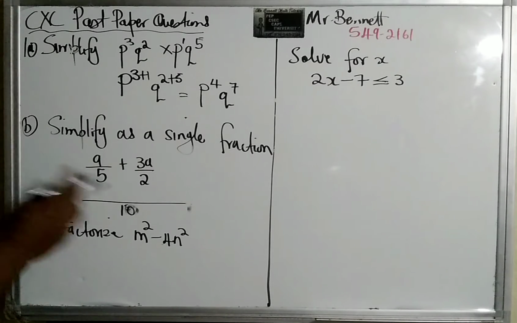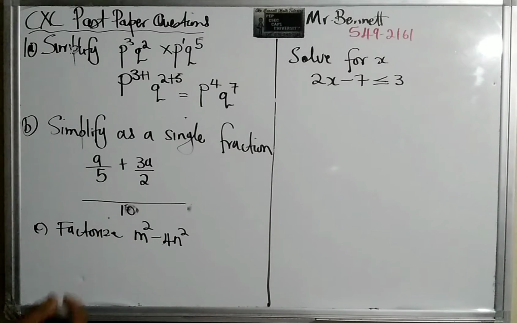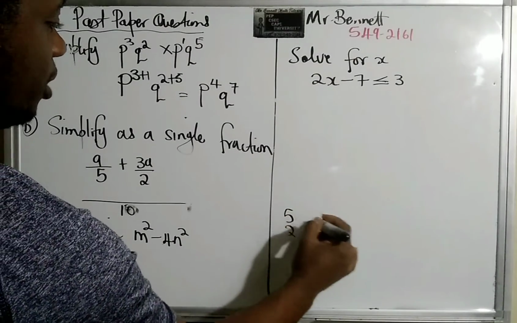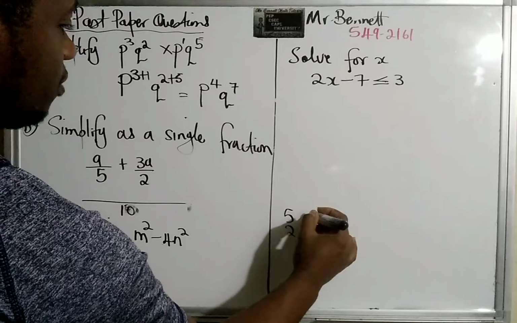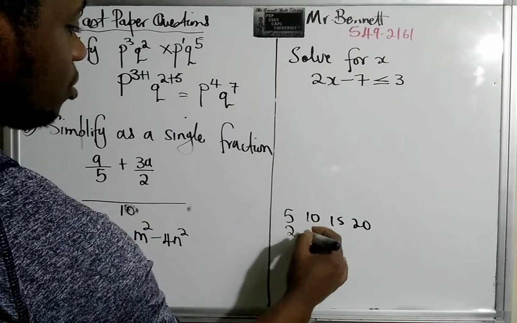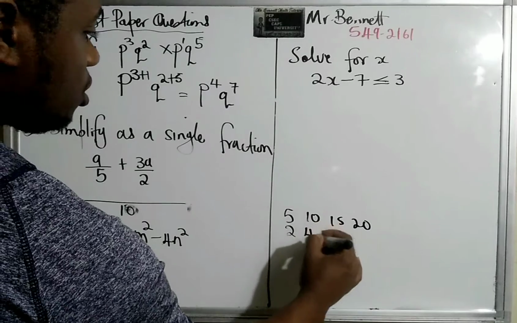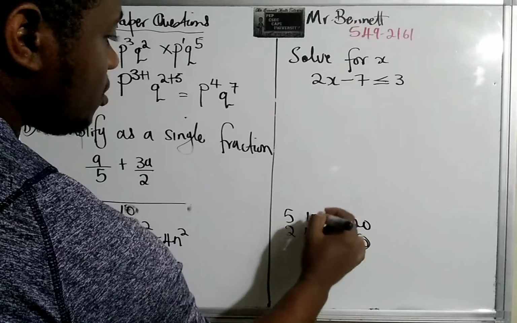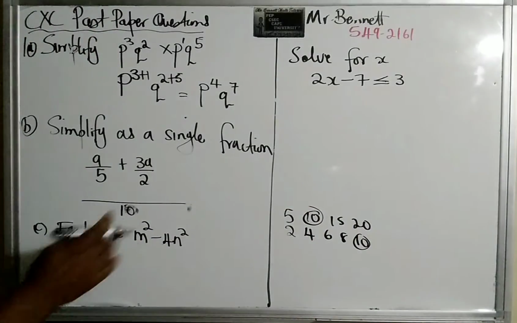And if you don't know how to find the lowest common multiple, this is how we do it. We're going up by 5 each time, so 5 plus 5 is 10, 15, 20. And for this one, we're going up by 2, so we'll add 2 each time. And the first number that comes up in both, that is the lowest common multiple.